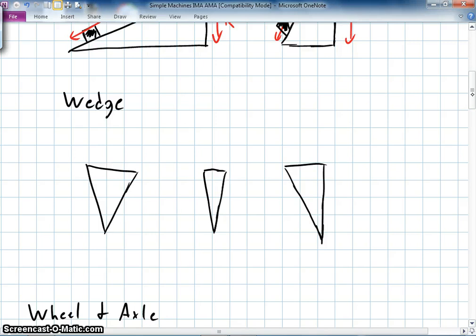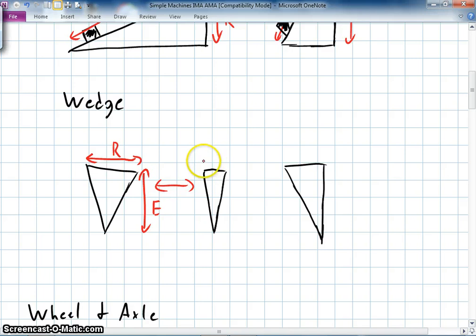A wedge is similar to an inclined plane. In a wedge, our effort is measured as the height, and our resistance is measured as the width. Now, in the first two examples here, there's a narrow one and a thicker one. Which one do you think would be easier to push through an object?